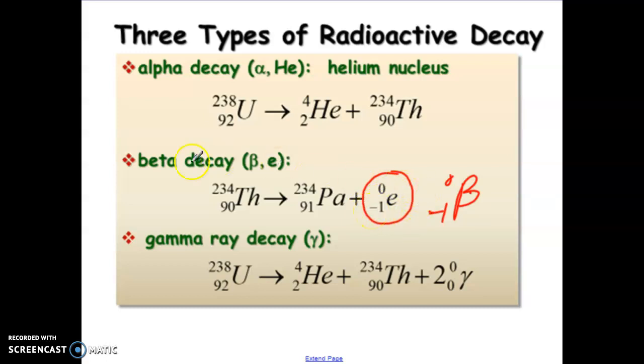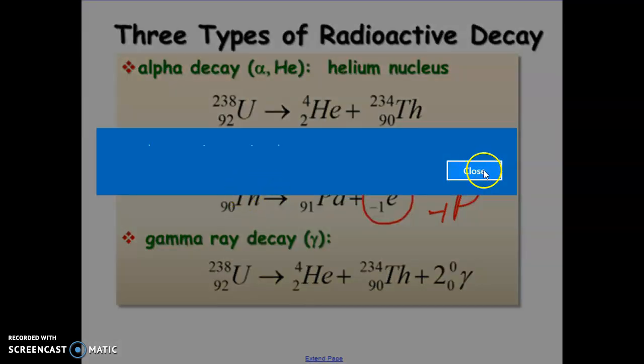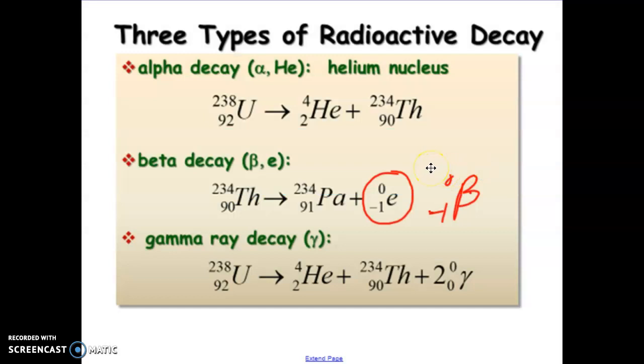Okay, so what does that mean? What is happening here? Let's look at the nucleus. So this nucleus is going from 234 to 234. So I want you to notice that the mass is not changing, like it did when we were looking at alpha decay. Sorry about that, I had to pause the video.